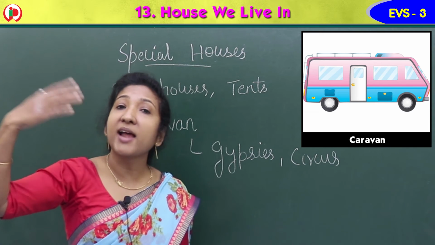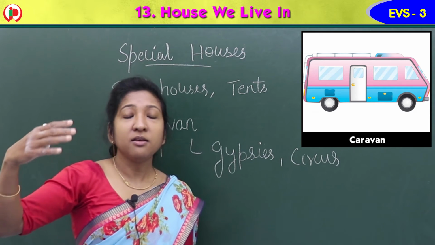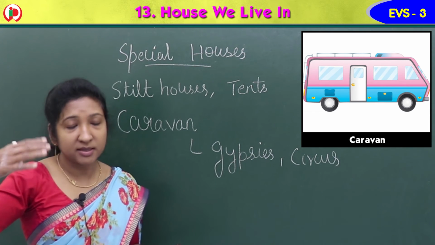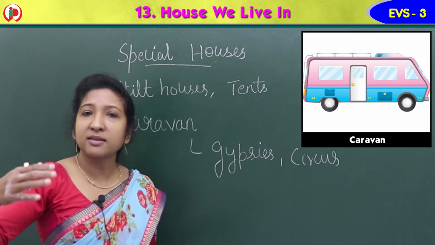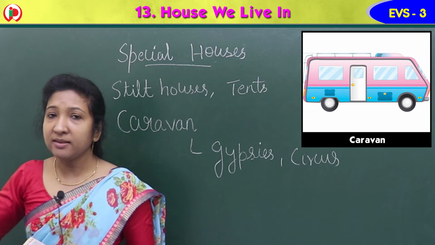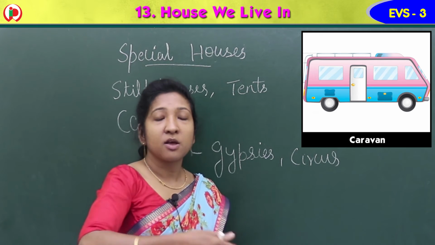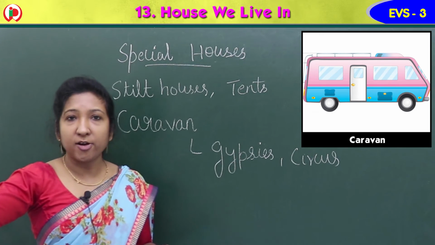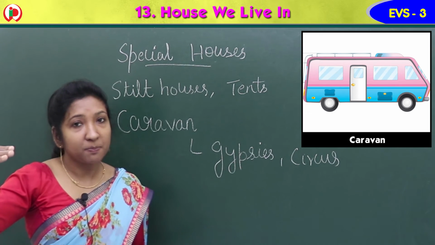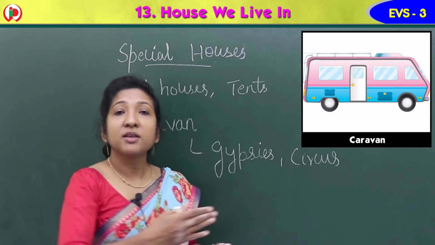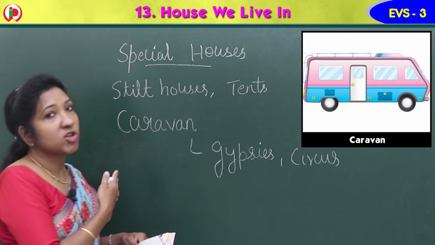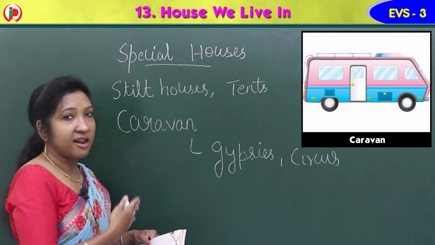So they have to travel always. Today they are showing the circus. For 2-3 days they will stay in a particular place. Afterwards, they shift the circus to another place. So they have to travel a lot. So those kinds of people use this kind of special house called caravans.